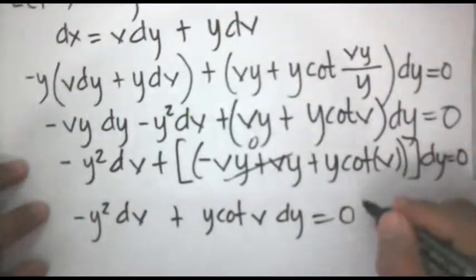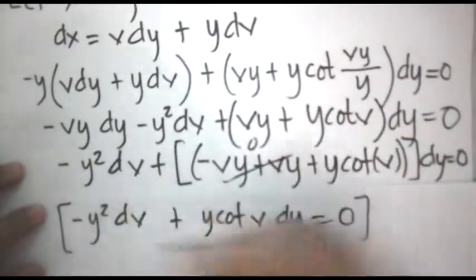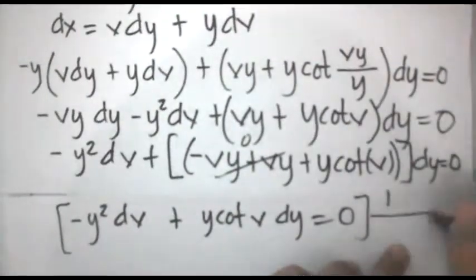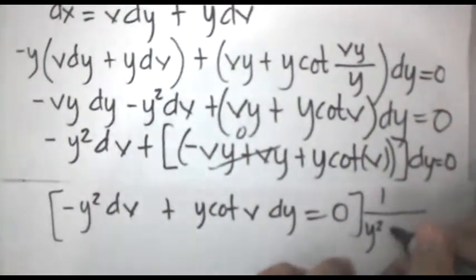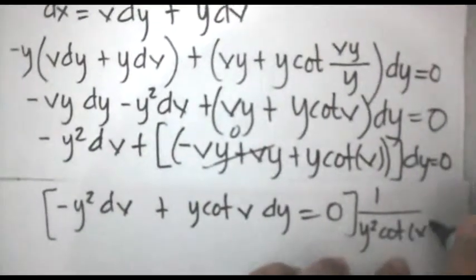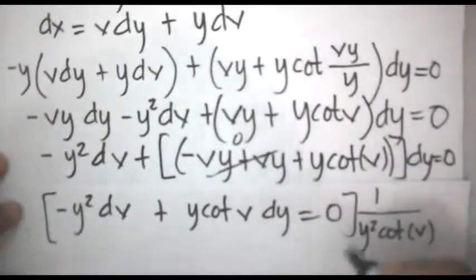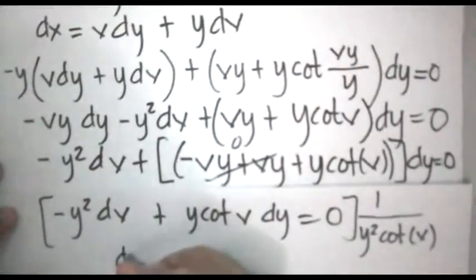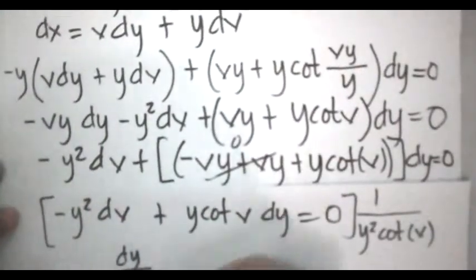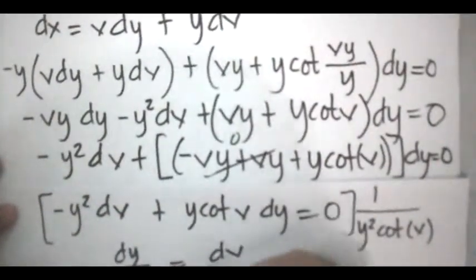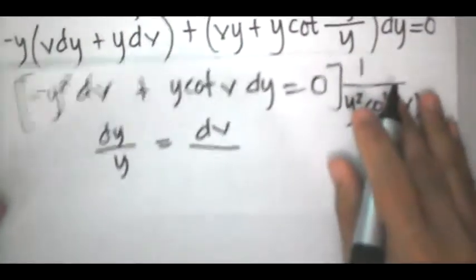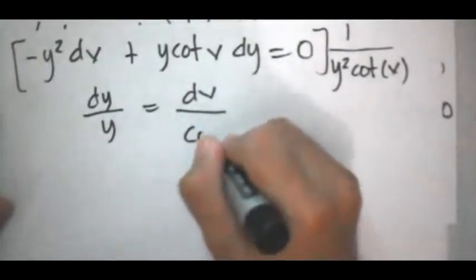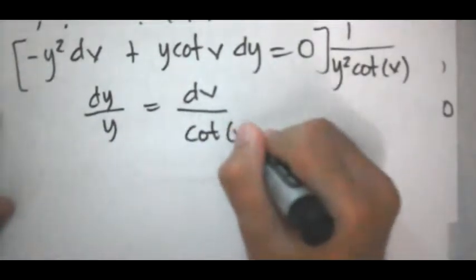So we multiply both sides by 1 over y squared cot v. We get dy over y equals dv over cot v.